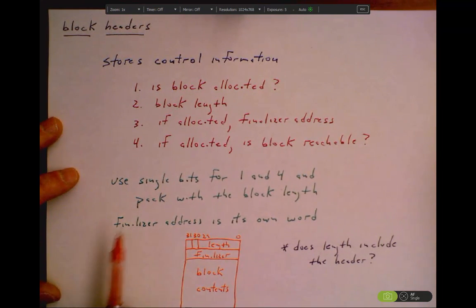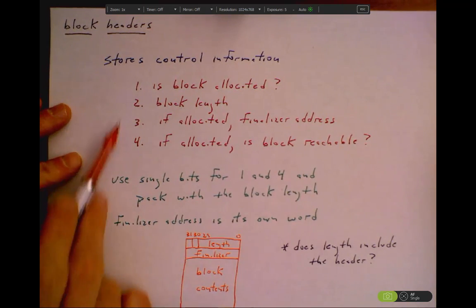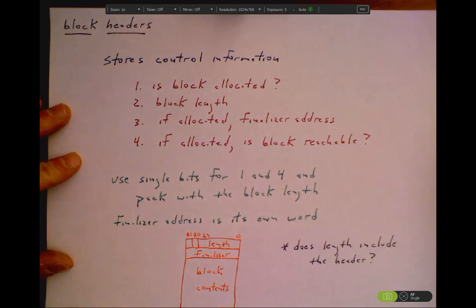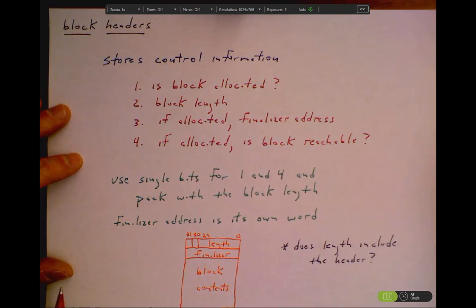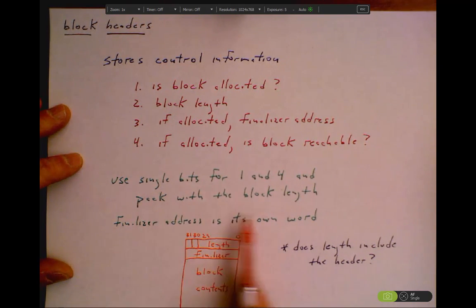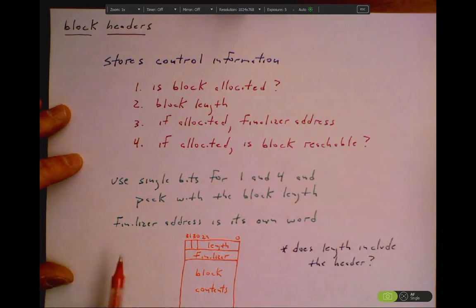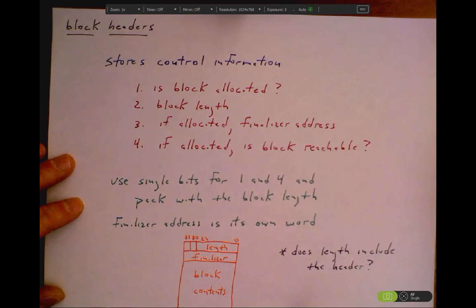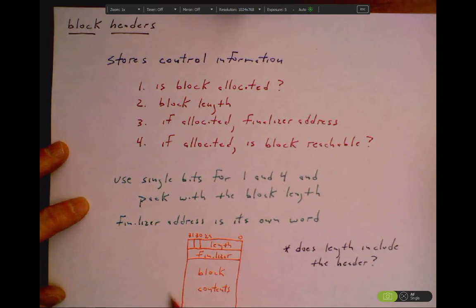Typically I'm going to use single bits for these two fields, number 1 and number 4. They're just booleans, so I just need a single bit to indicate whether a block is allocated and whether a block is reachable. And I can pack that with the block length. But I probably need a separate word for the finalizer address. So you might see a block that looks like this.